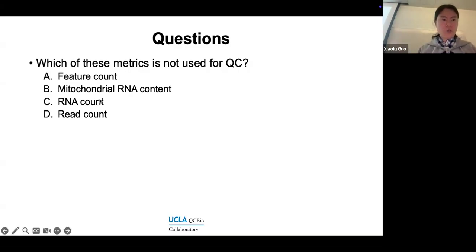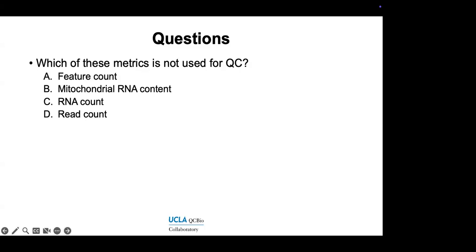And the second one, mitochondria RNA content. Do we use that for quality control? Why? You use it to check if there's mitochondrial contamination or evidence of high cell death.